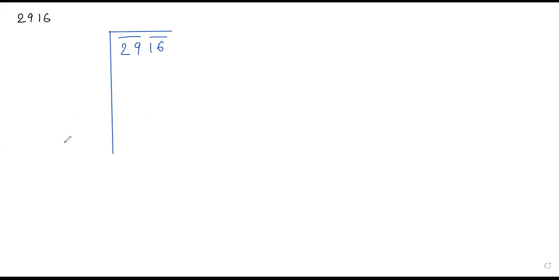Now what should I do? Sir, we have to check a square number for 29. Not divided by 5, but check a square number. 5 fives are 25.